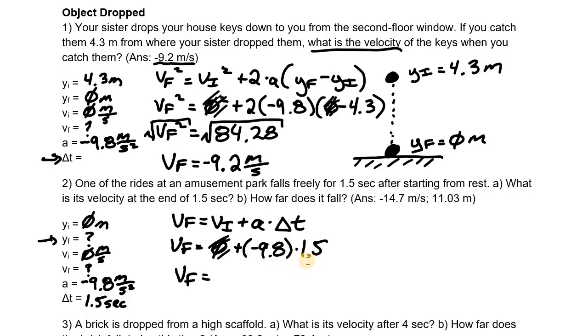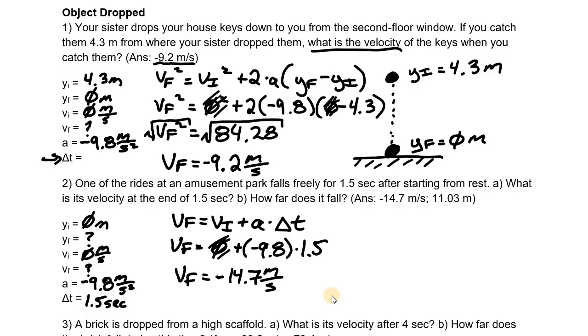Will that result in a negative answer? When we plug this in the calculator, we get our answer of negative 14.7 meters per second. What does that negative represent? The idea that the object is being dropped. And we know that velocities are vectors, so they have both a magnitude and a direction. Okay, that's VF, so we just did that.